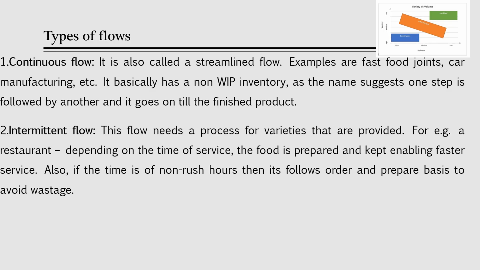Intermittent flow. This flow needs the process for varieties that are provided. For example, a restaurant depends on the time of service. The food is prepared and kept, enabling faster service. Also, if the time is non-rush hours, then it follows an order and prepare basis to avoid waste.